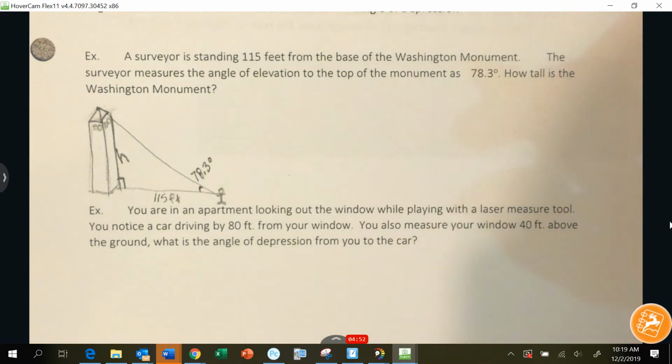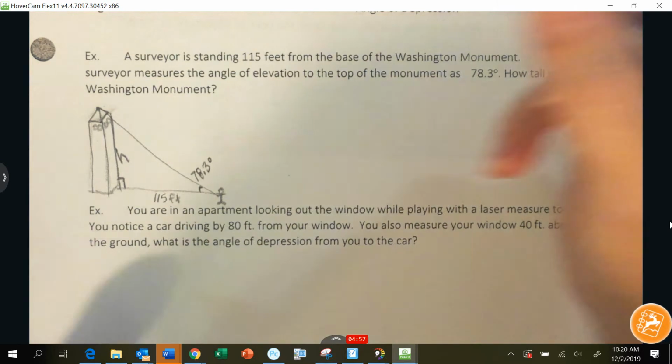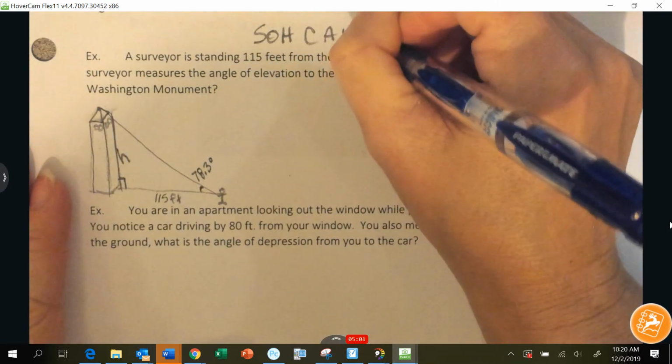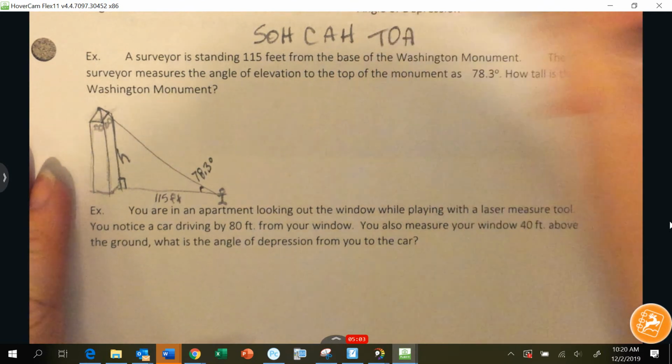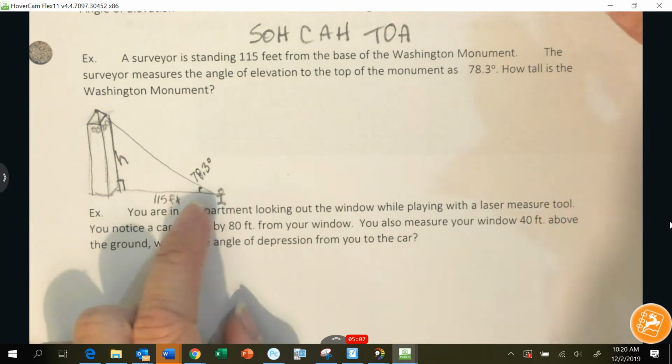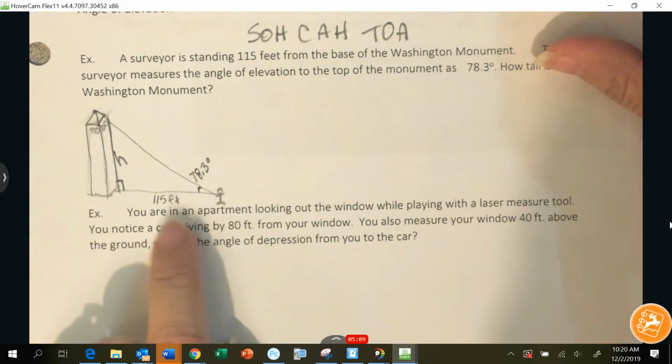Now this is going back to the SOHCAHTOA days. It's going to be easy. So the angle that I have, the side that I have, and the side that I need.